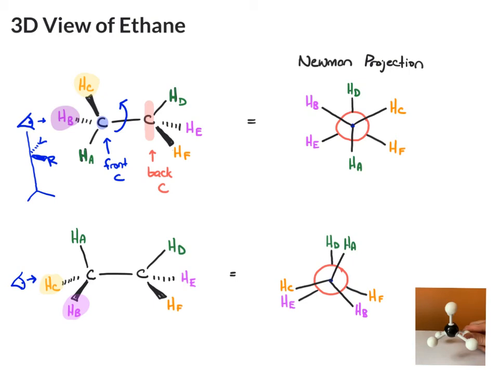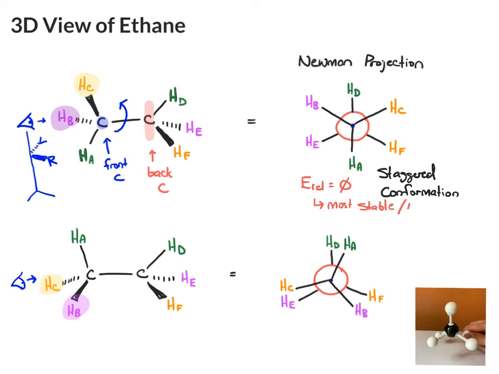Let's talk about just a little bit of terminology with these Newman projections. When the hydrogens are perfectly staggered, where the in-plane hydrogen on one carbon is 180 degrees from the in-plane hydrogen on the other carbon, this is called the staggered conformation. This is the most stable or the lowest energy conformation. So we often say that E rel, or the relative energy, is 0 because it's the most stable.